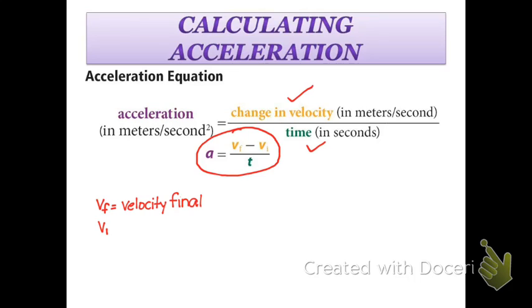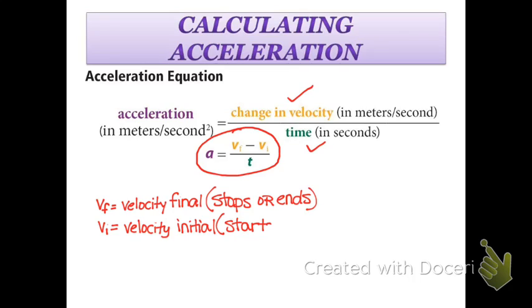Vi represents velocity initial. So basically, Vf is the velocity when something stops or ends, and Vi is when it starts, or I guess you could say the beginning.